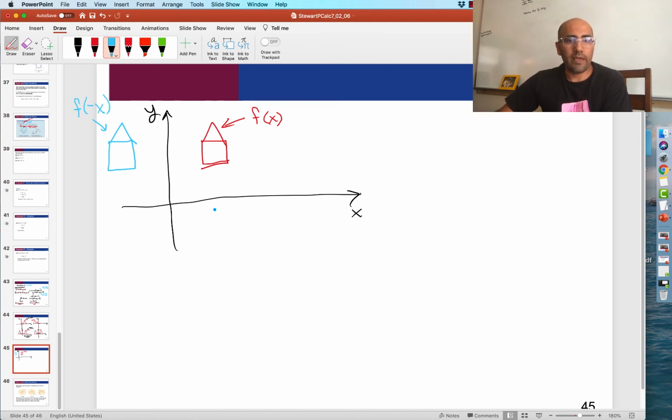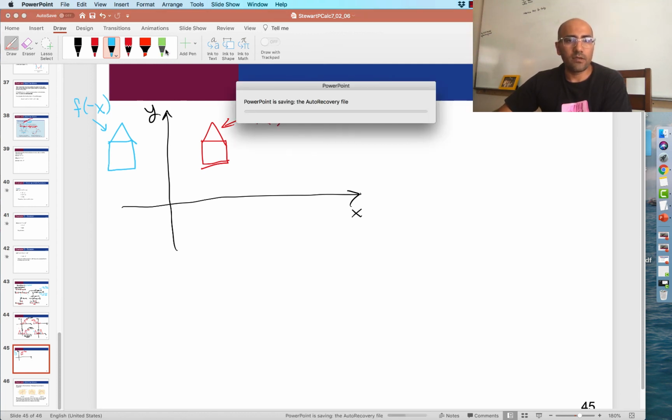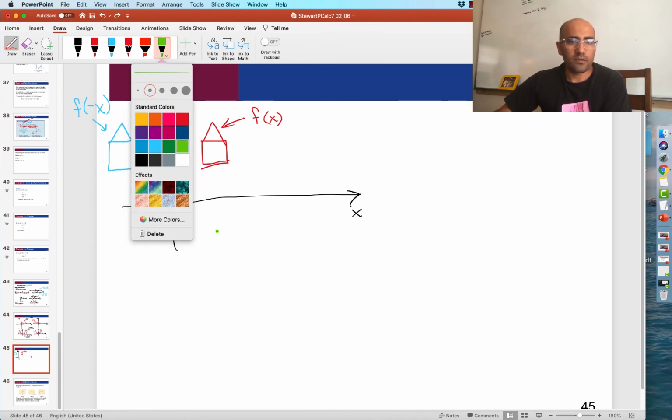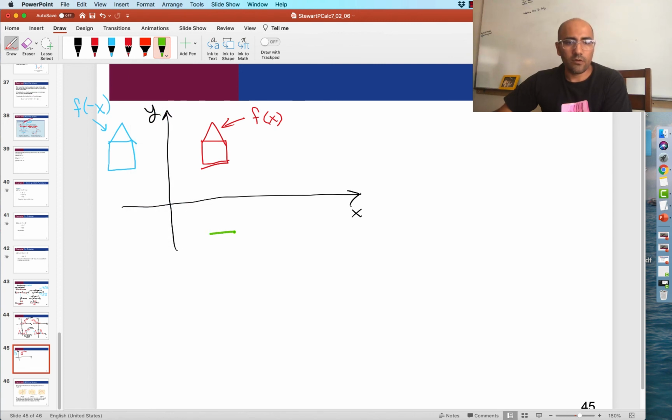And what would be a reflection across the x-axis? A mirror image reflection of the function would look like this. It would be down here in quadrant 4, and it would look, whoa, what just happened there? I need to move this one. Okay, so it would look like this maybe. That's still too thick.